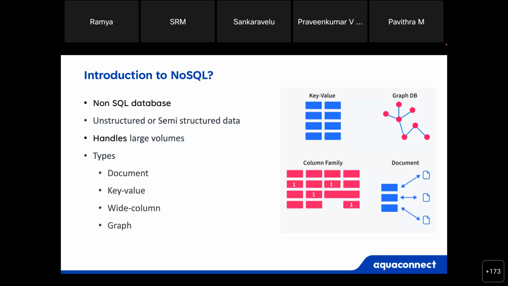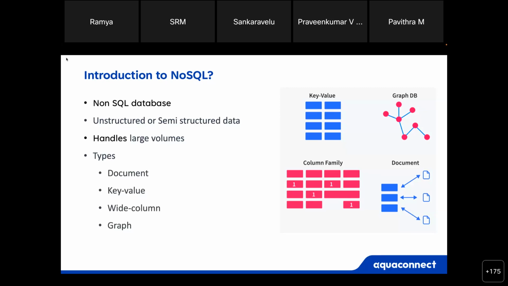NoSQL databases are designed to handle large volumes of data sets. There are 4 different types of NoSQL databases: document database, key value database, wide column database, and graph database. From the name itself, you can get to know what data it is going to store.